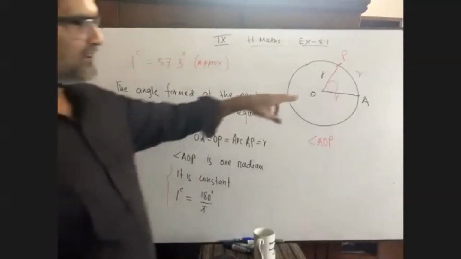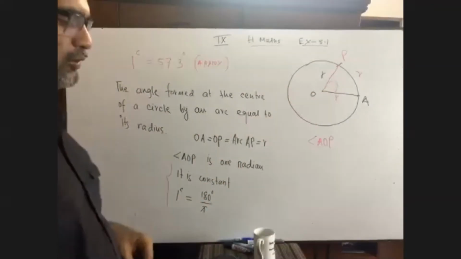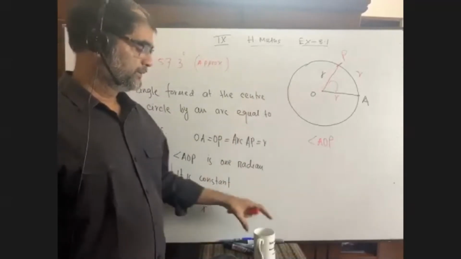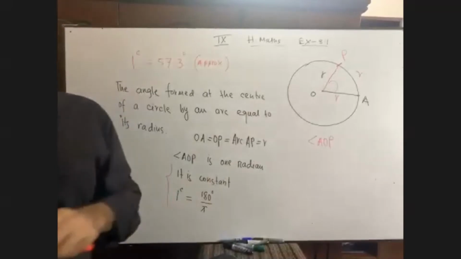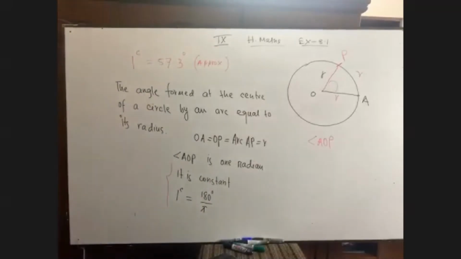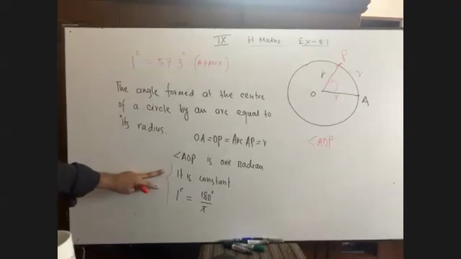If you measure this angle, you will also get, though your protractor will show 60 degree, right? Talk to me. Yes, sir. It will show 60. Now, I will prove this too. What is constant and what is 1 radian.